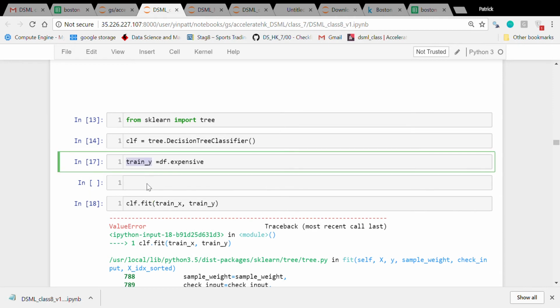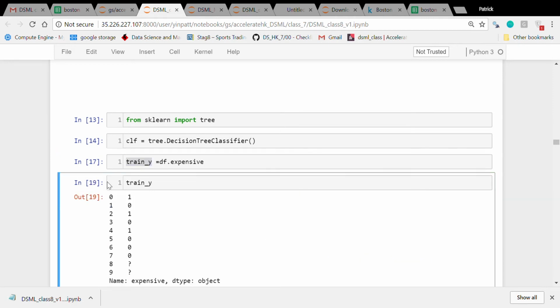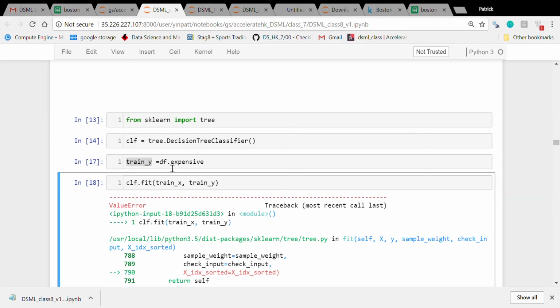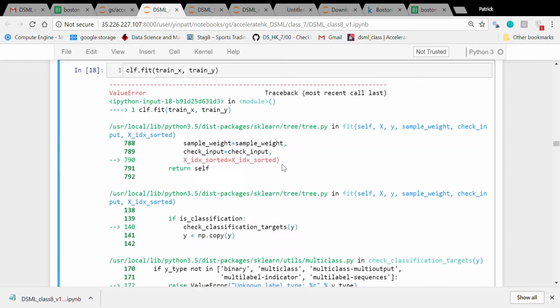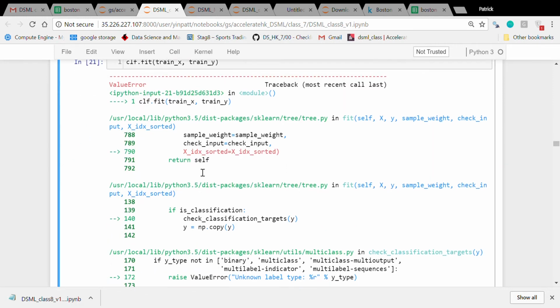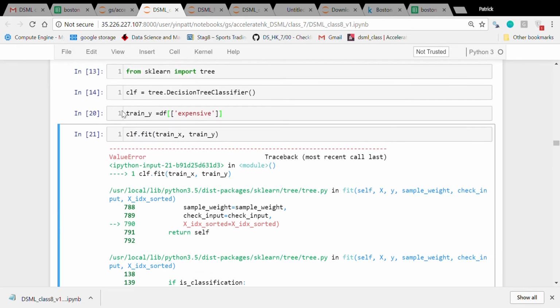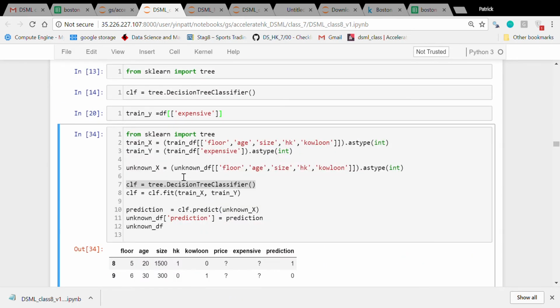I think you have to do it this way. Expensive. Okay. Let me try the example to see if it works.